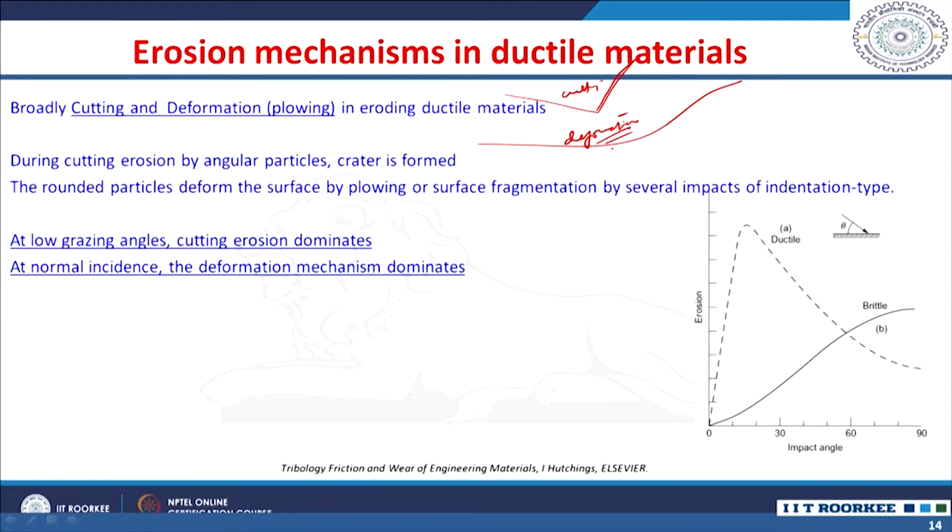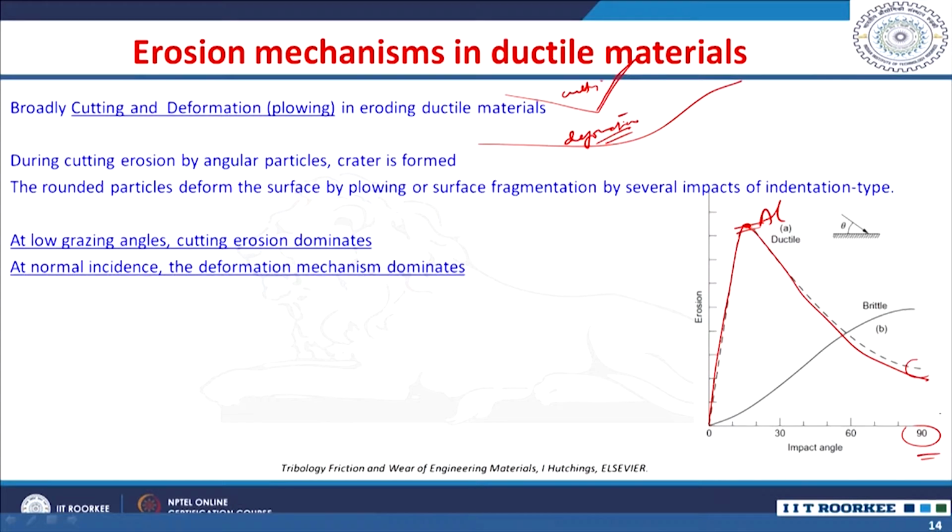But with respect to the angle of impingement, at a low grazing angle, cutting erosion dominates. So, at lower angles you will have maximum erosion occurring for a ductile material, for example aluminum, and after that it reduces with increase in the impact angle, to almost one third or half of the peak at high angles, right.